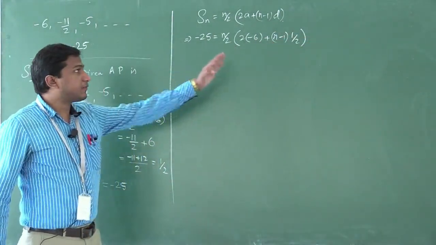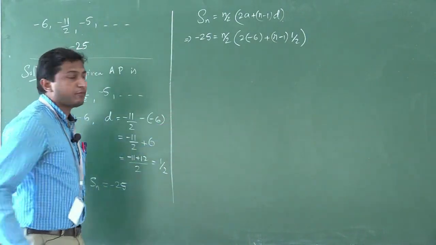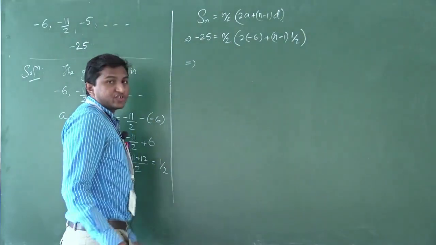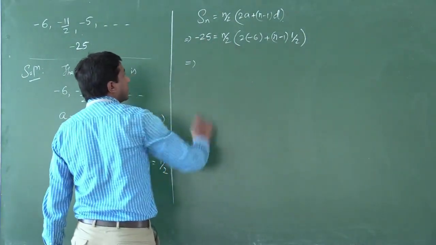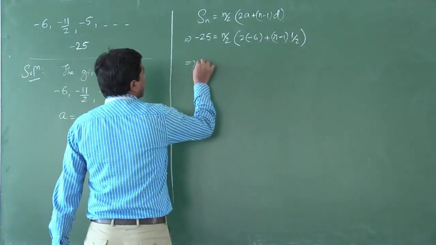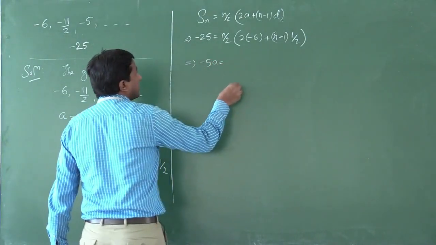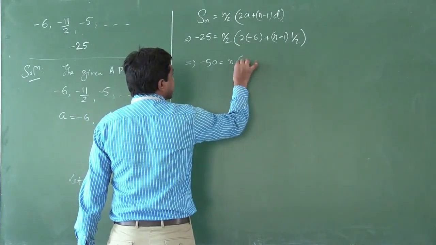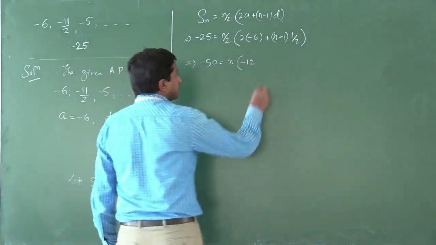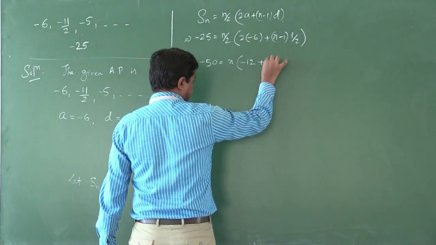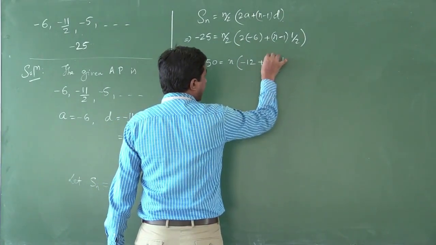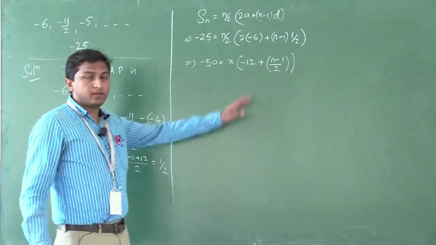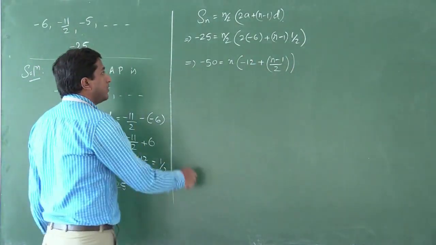Okay, we will simplify this equation and find out n. I will take 2 on the LHS, multiplying 2 with minus 25. We get minus 50 equals n into 2 into minus 6, which is minus 12, plus n minus 1 whole divided by 2.